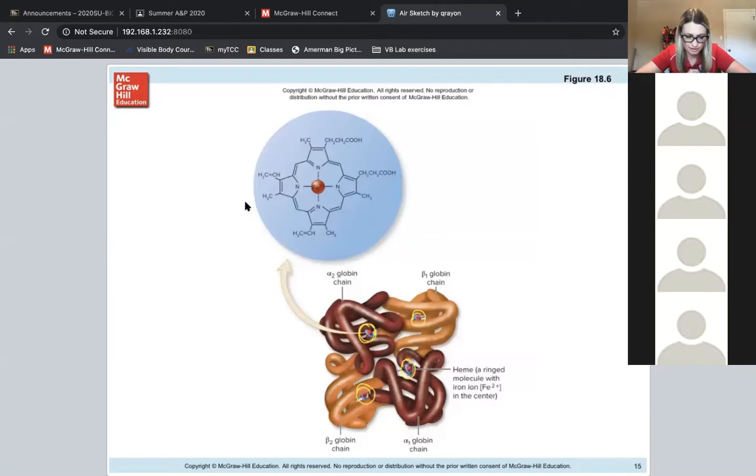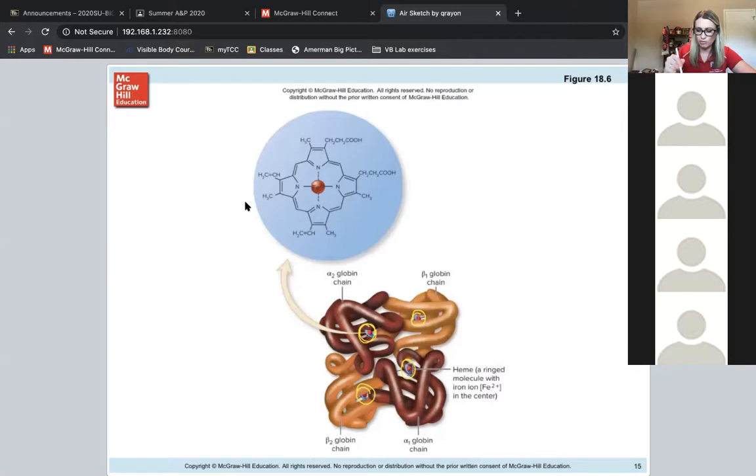It looks a little bit like the planet Saturn with the ring there. The heme group in the center, okay, that red dot is supposed to represent an iron atom. An iron atom is what binds oxygen, okay?